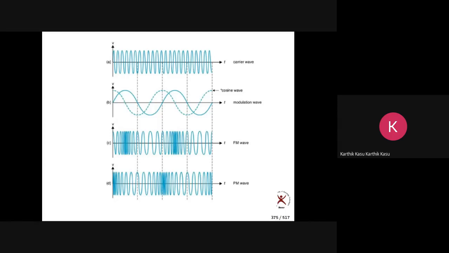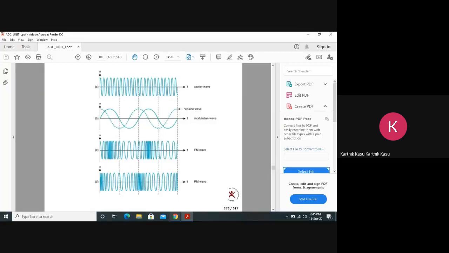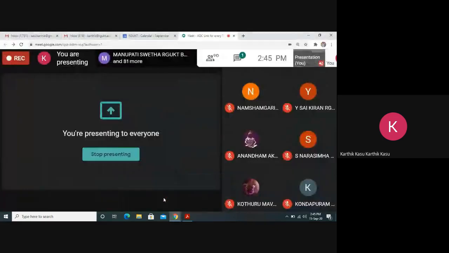Please make a note of this. Observe very carefully all these figures A, B, C, D. They are very important. I hope you are okay with this. Any doubts? You can message me if you want.